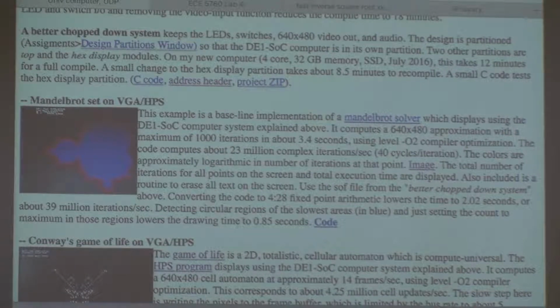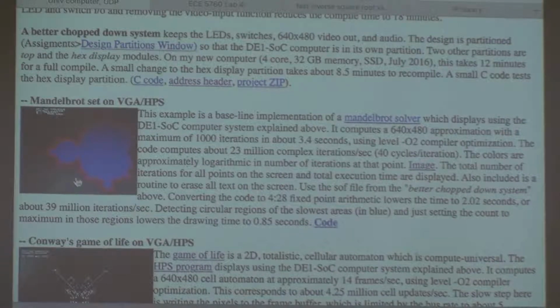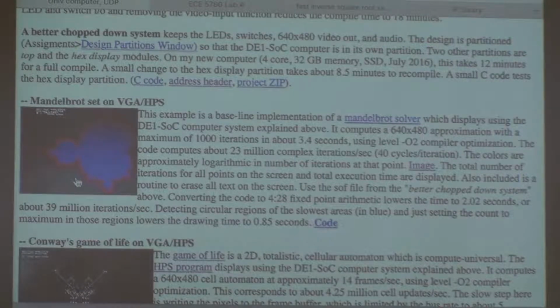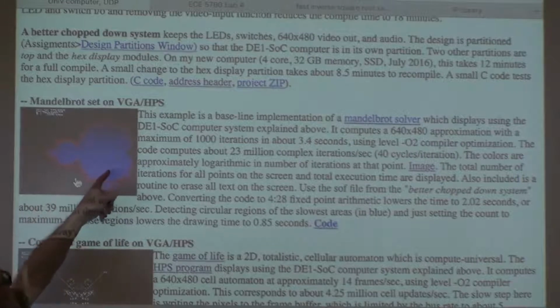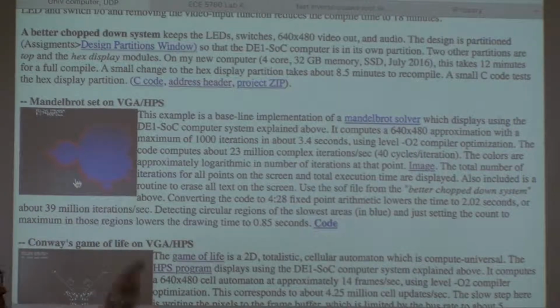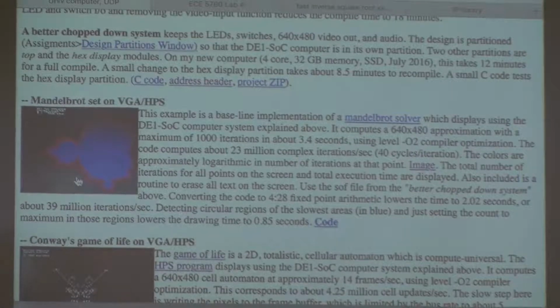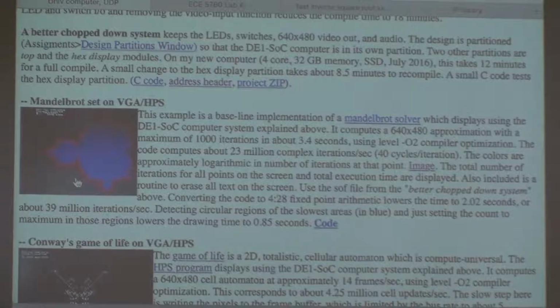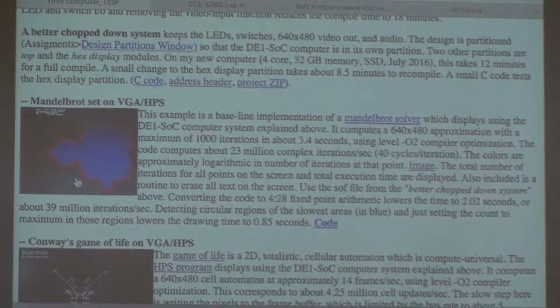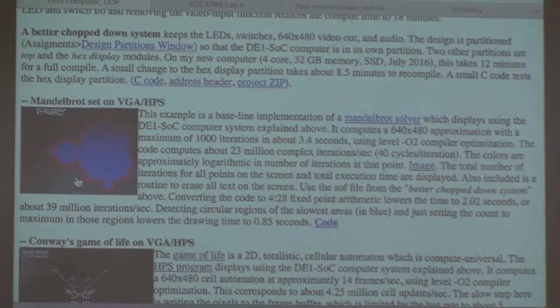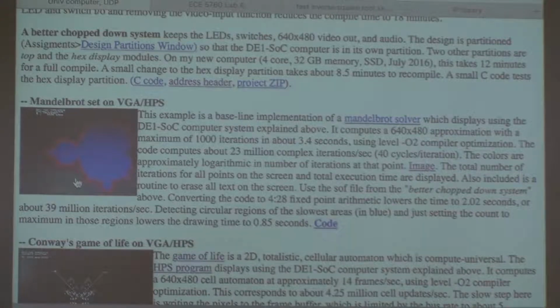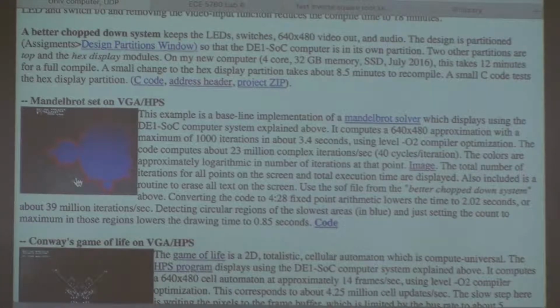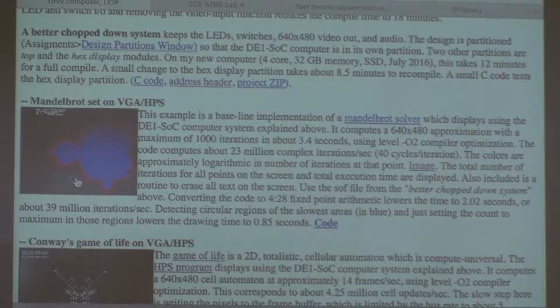And by detecting circular regions, what's the biggest circle you can put into this region? What's the biggest circle you could put into the cardioid? I could get it down to about 0.85 seconds. The reason there's such a large ratio, 2.02 going down to 0.85, is that those regions are where the number of iterations per point is maximum. And so if you can just not calculate those, you win big.